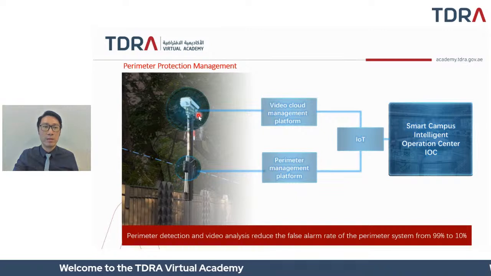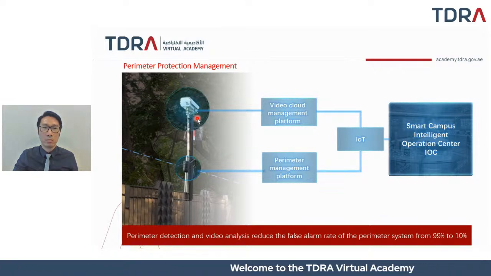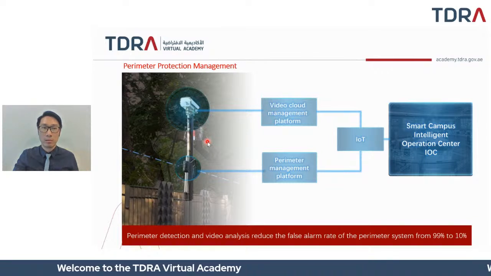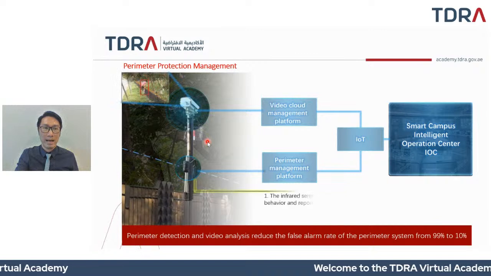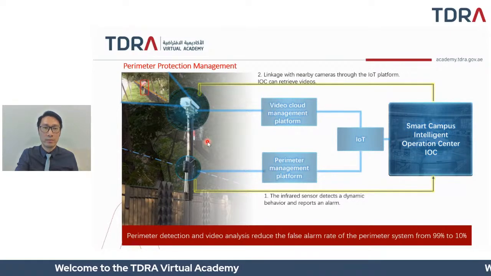But we can use the video surveillance to help to identify and verify the object. So this is also a good system for us to have better protections. And not only that, they can assist the security guard to identify the intruders.